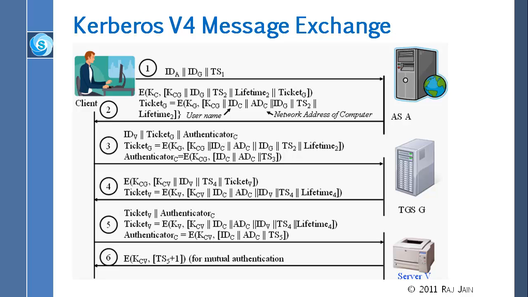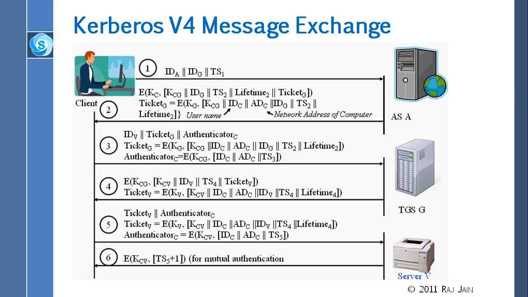Actually, that is kind of the reason I stopped right there, because I said that the TGS does not know the secret, but it looks like if TGS has the key for V, then it does have the secret. The TGS knows the secret of all these servers.